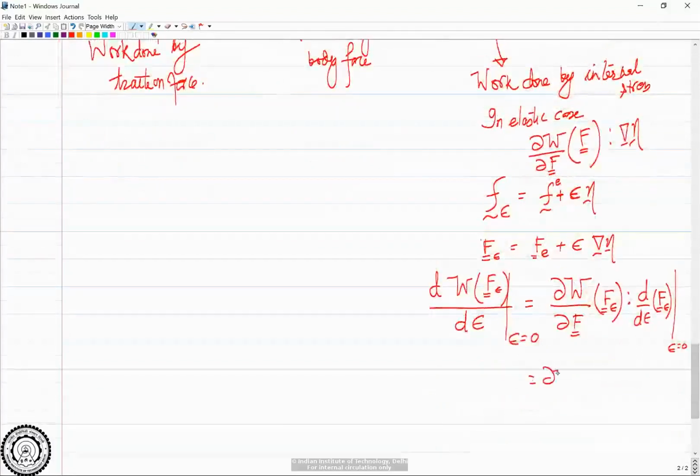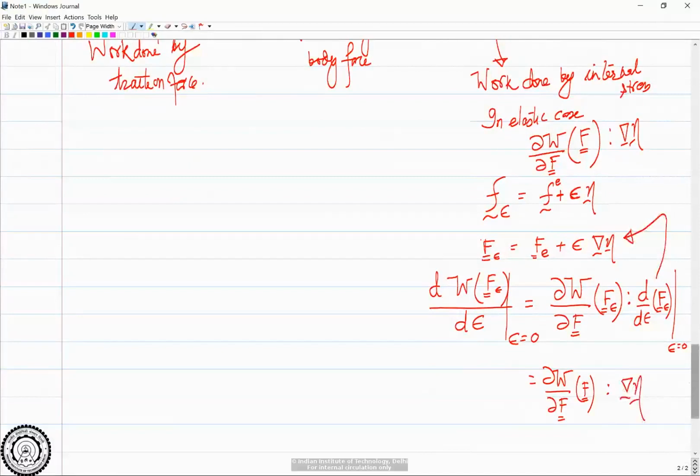So this then becomes del W by del F at F, double contraction, and from here it is simply the gradient of eta, isn't it?